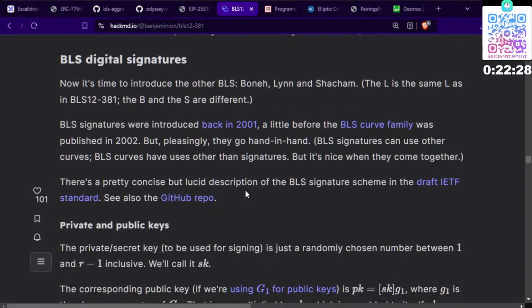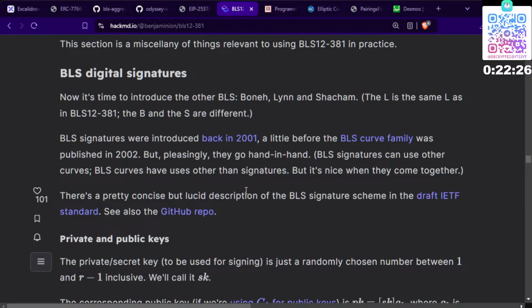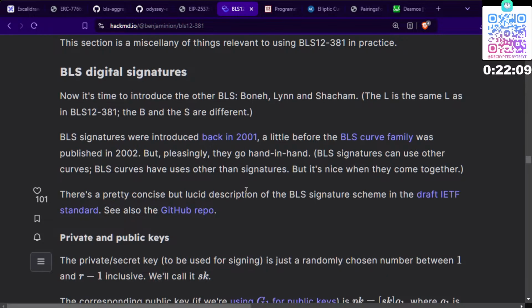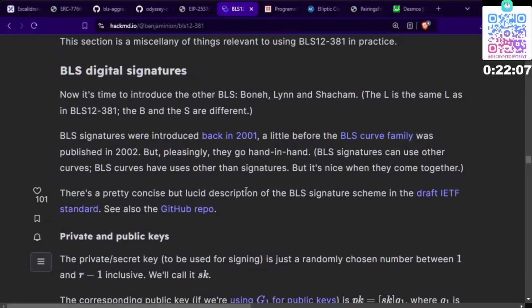BLS digital signatures. Now it's time to introduce the other BLS: Boneh, Lynn, and Shacham. The L is the same as in BLS12-381. The B and S are different.